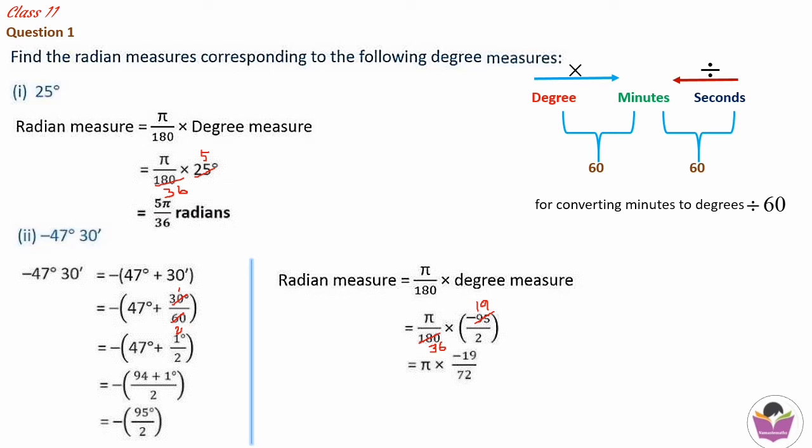And now when we multiply the numerators, 19 into pi, that is 19 pi, minus sign is there, then 36 into 2 is 72. Pi we can keep separately, so pi into minus 19 by 36 into 2, 72 is getting. Then that is minus 19 pi divided by 72 radians. This is the final answer in terms of radians.